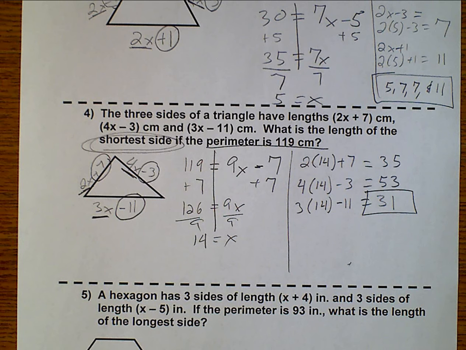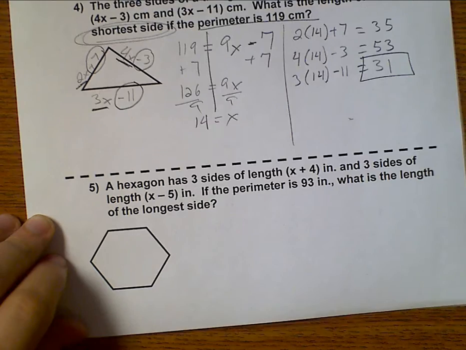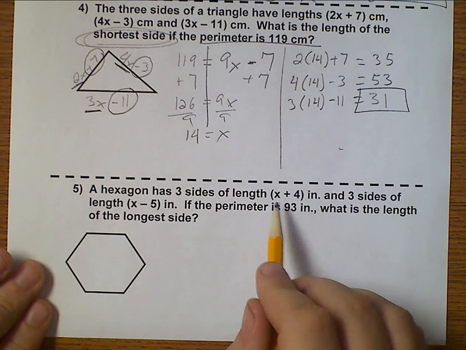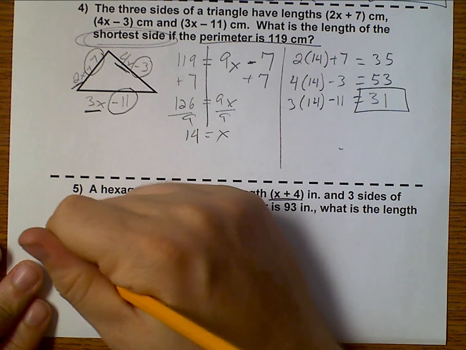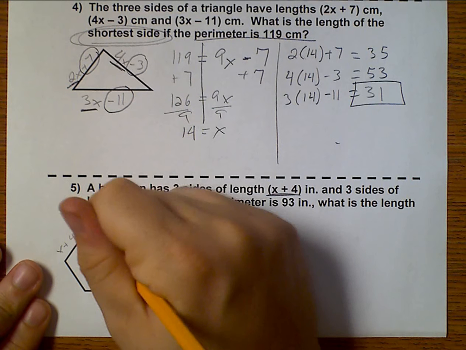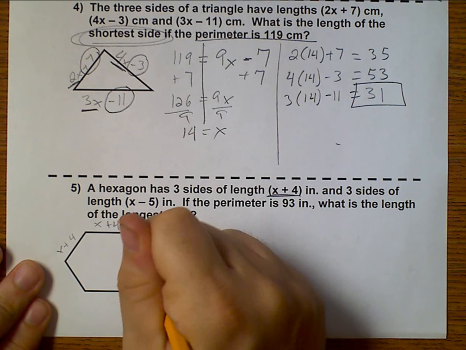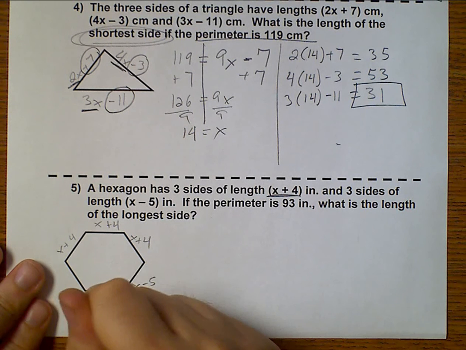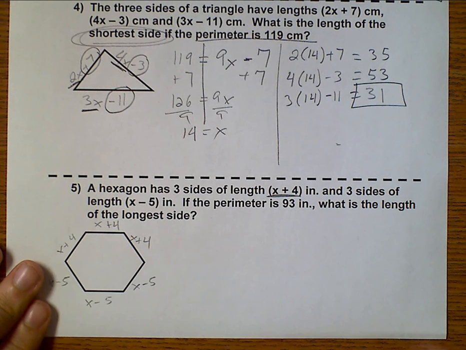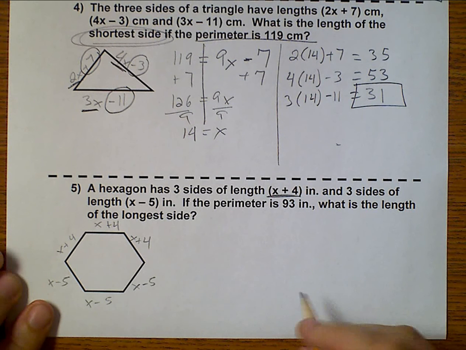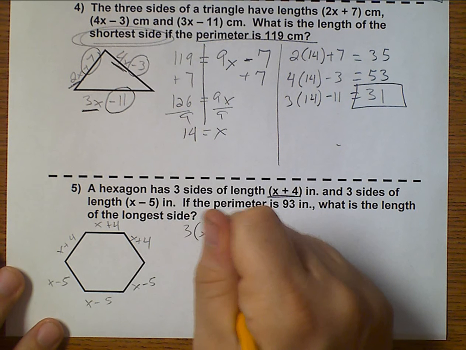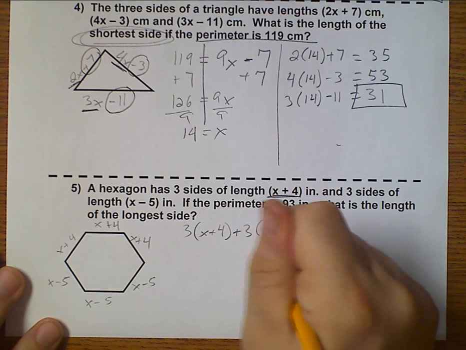Let's go ahead and move on to number 5, and our last example for this assignment. Now the hexagon has 3 sides that are x plus 4. And 3 sides that are x minus 5. Well, I can go ahead and just write that out as 3 times x plus 4 plus 3 times x minus 5 if I wanted to.